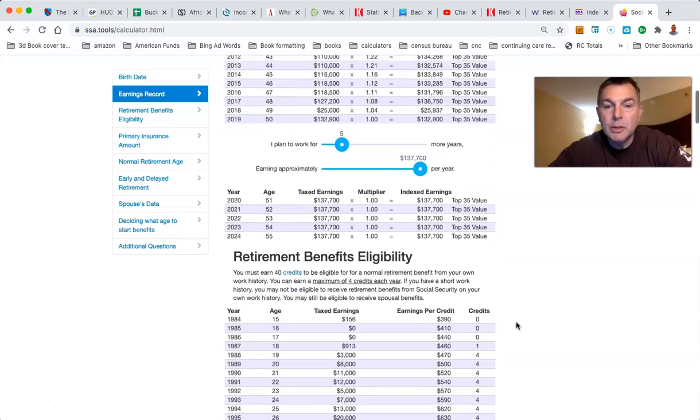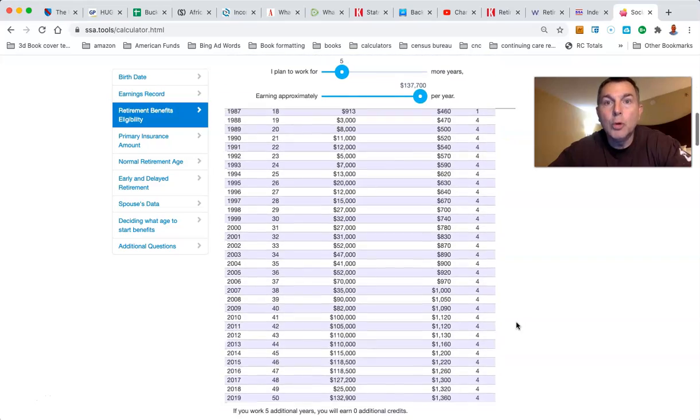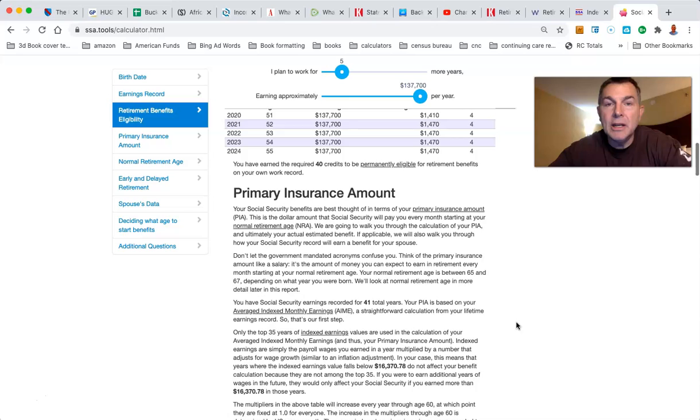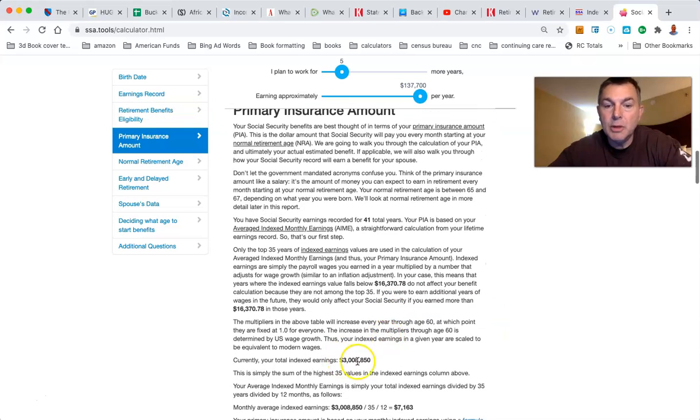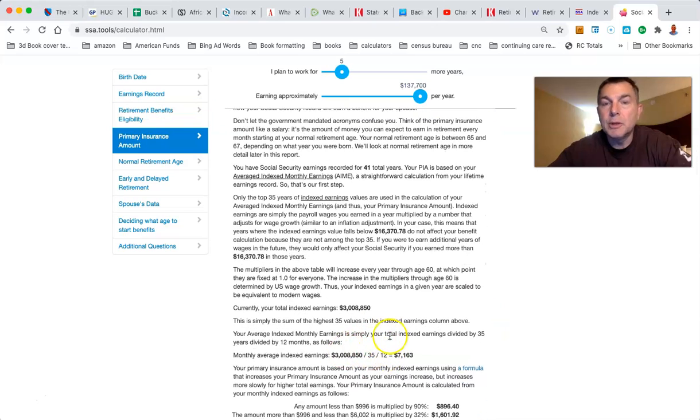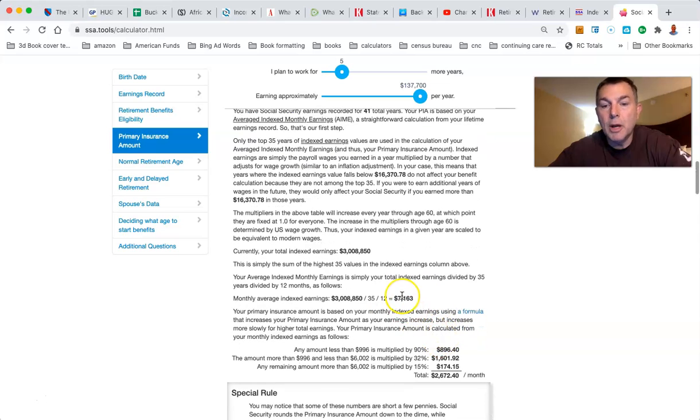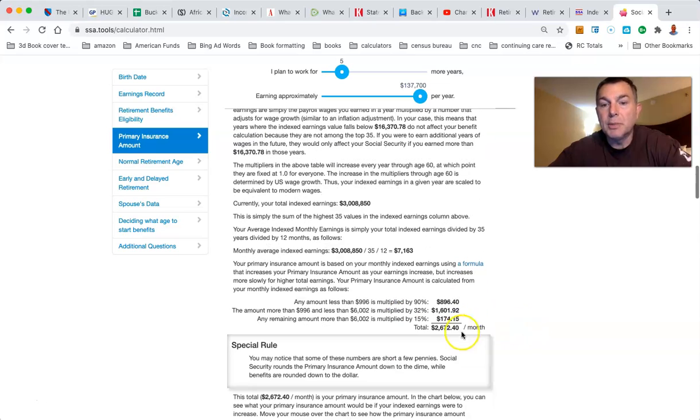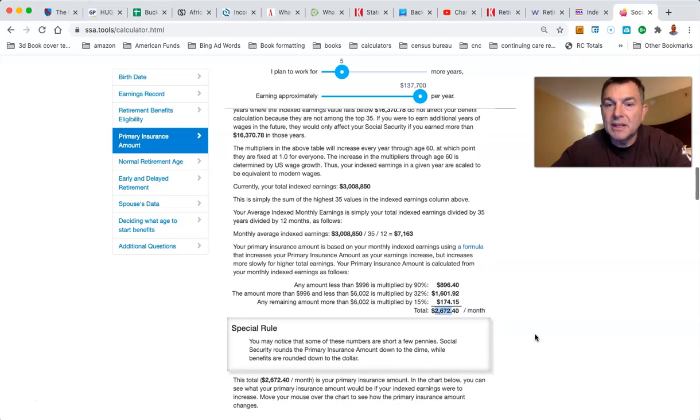Well, it says you would now have an averaged total indexed earnings of $3,008,000, which would increase your AIME to $7,100, which increases your PIA to $2,600. So for me working an extra 5 years at $137,000, I increase my retirement benefit by basically $300 a month once I hit 67. I hope that makes sense.